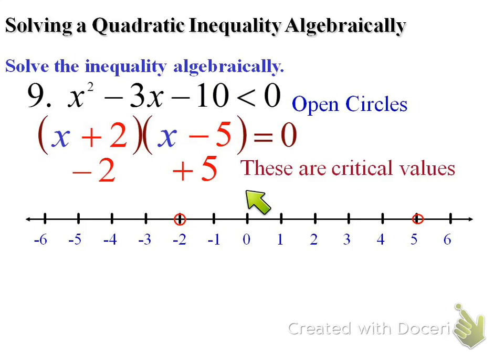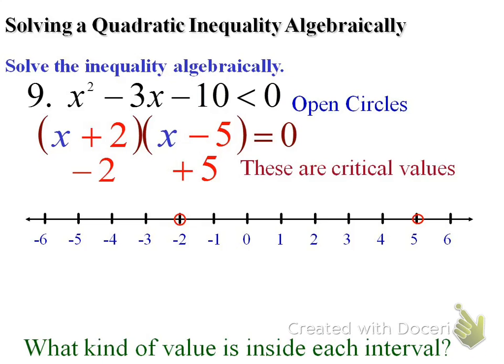We can test a point in this value and decide if it's less than 0, and one over here and decide if it's less than 0. So you test one from each interval and decide if it's above the x-axis or below the x-axis, so if it's positive or negative. So I can test negative 3. So all I'm doing is plugging negative 3 in here.